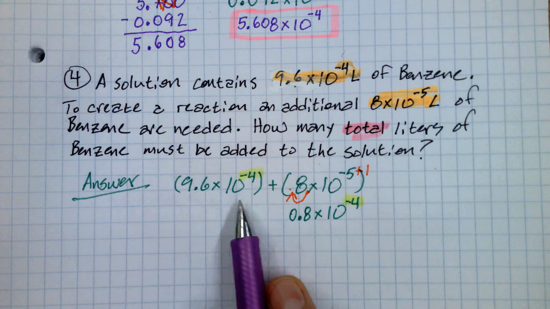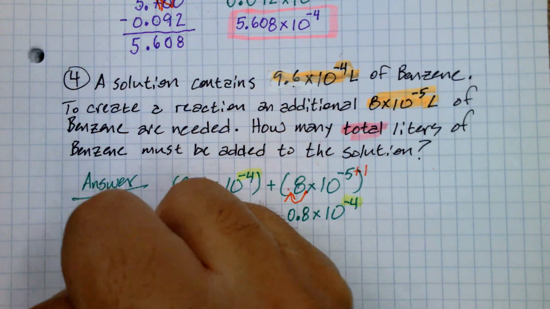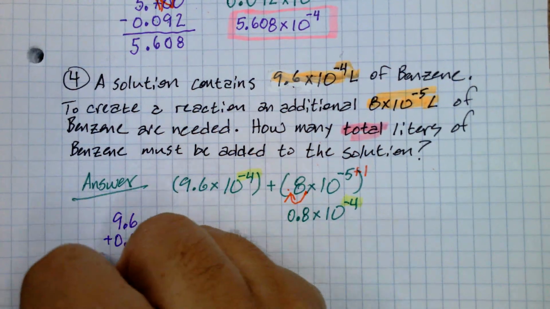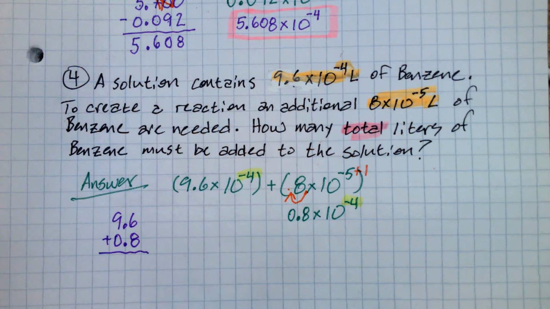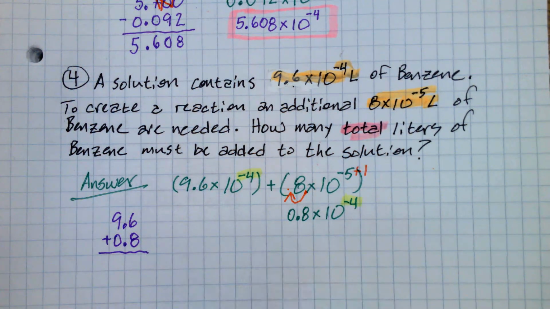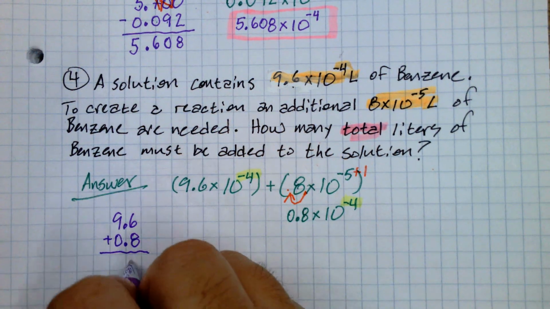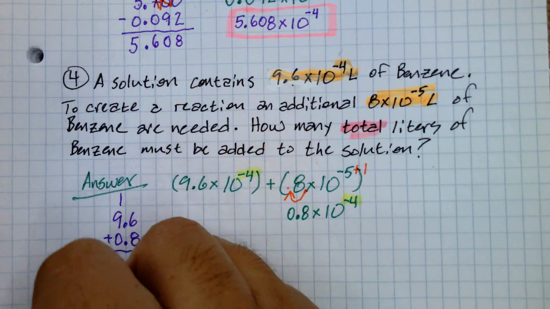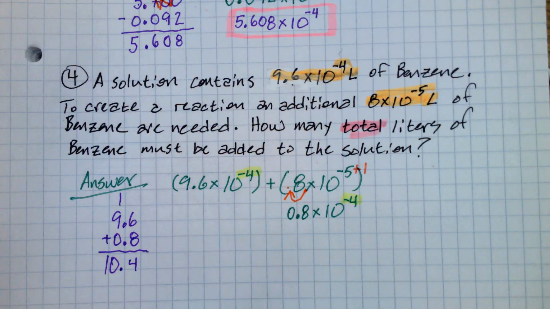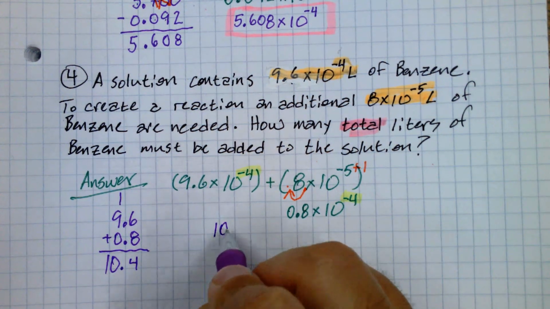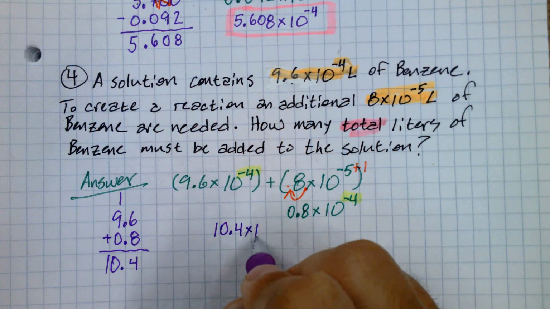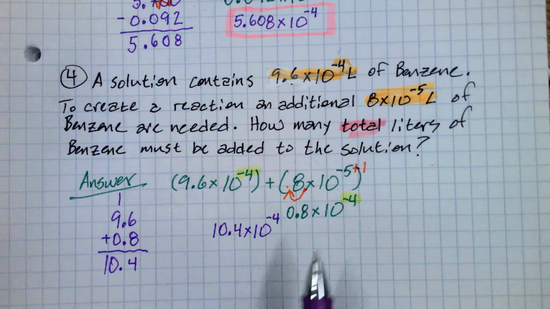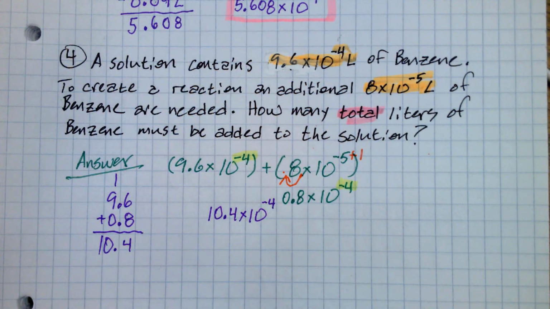So let's go ahead and add 9.6 and 0.8. 9.6 plus 0.8. Okay. These 6 and 8, that's what? So we've got to carry one over. And then that's 10. So I get 10.4 times 10 to the negative 4. What's the problem with 10.4? It's too big, right?